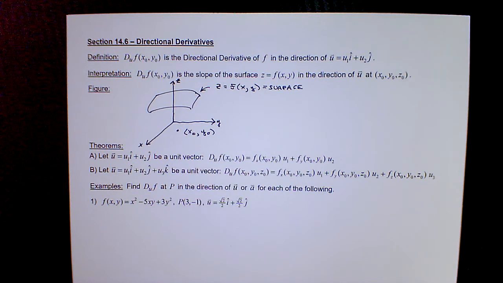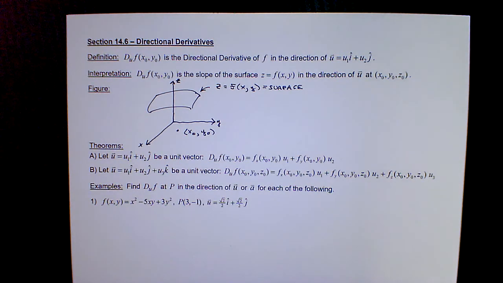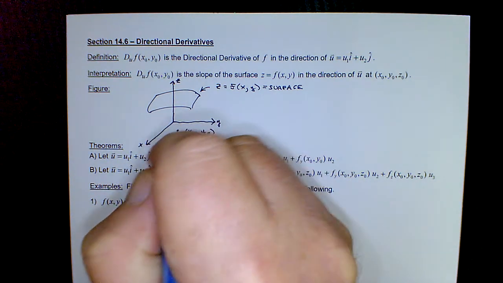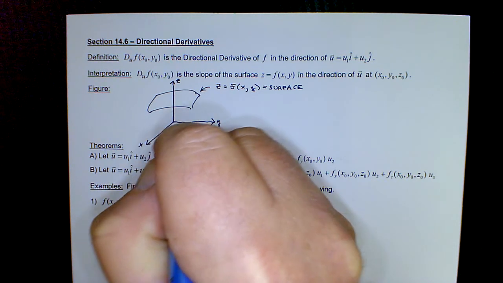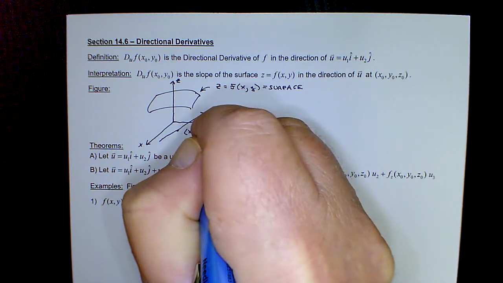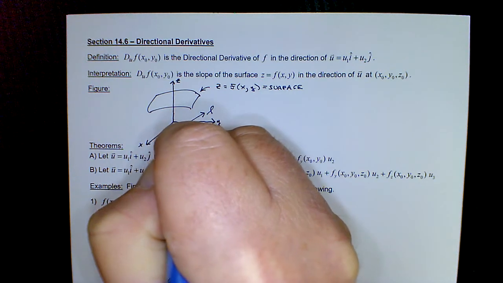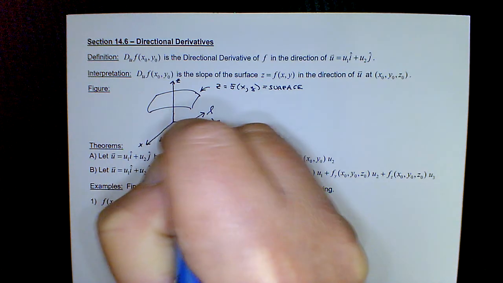And the idea is that you have a line which represents the unit vector. So if I take a line through the point in the xy plane, let's say I call this L, and here would be my unit vector.